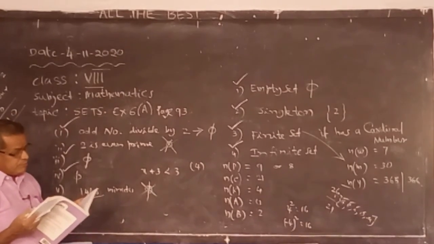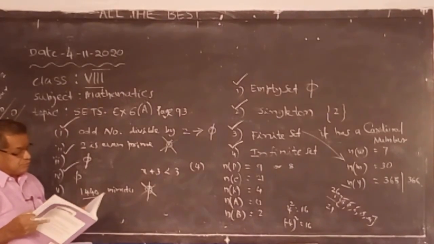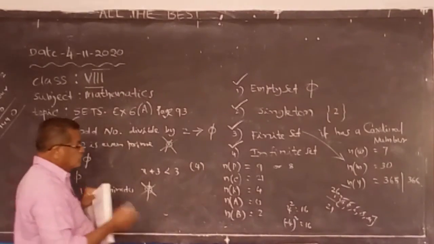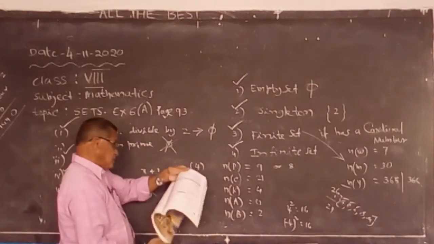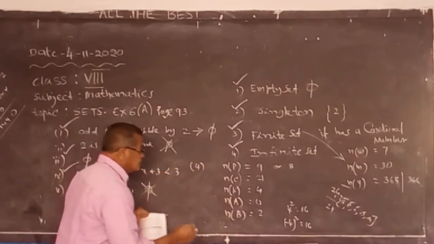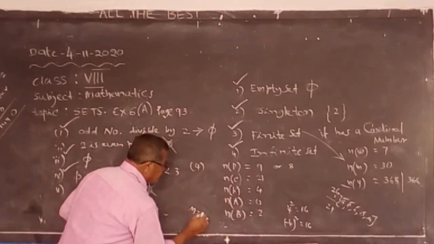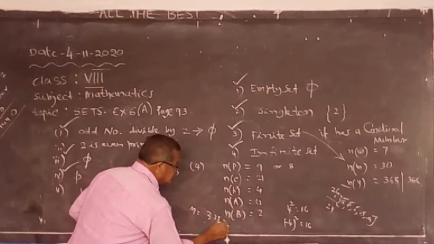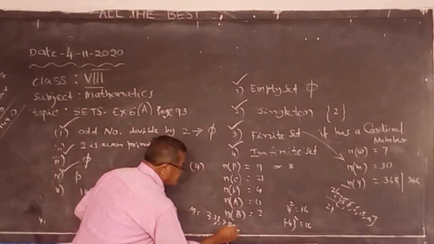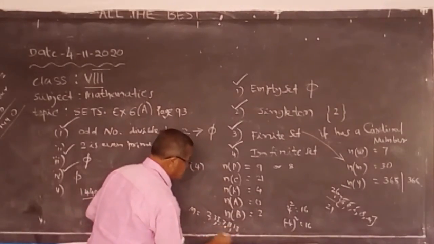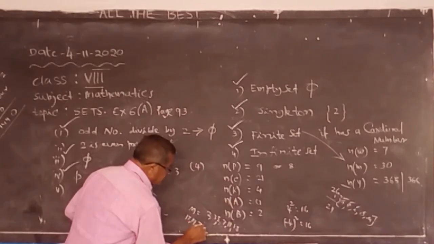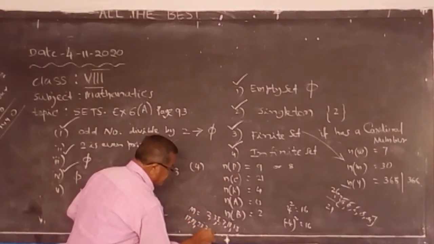X is a prime less than 30. Count the prime numbers less than 30. Call the set M. The primes are 2, 3, 5, 7, 11, 13, 17, 19, 23, 29.